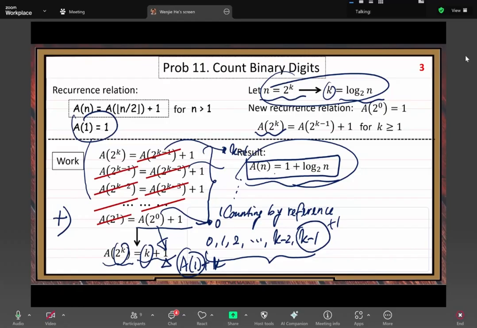To make that guess, first, this log base 2 function is not necessarily an integer in general, right? Log base 2 of arbitrary n, most of the time, it's not an integer. So if it's not an integer, we want to convert it to an integer.